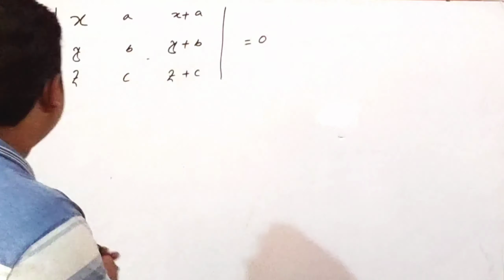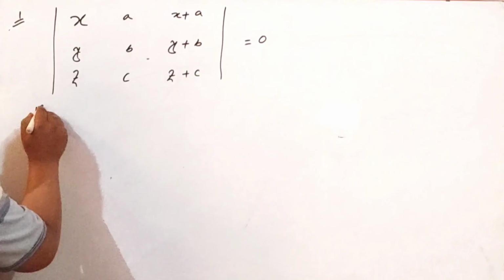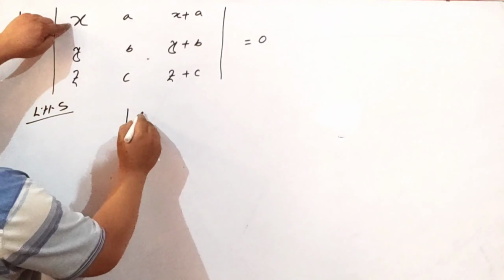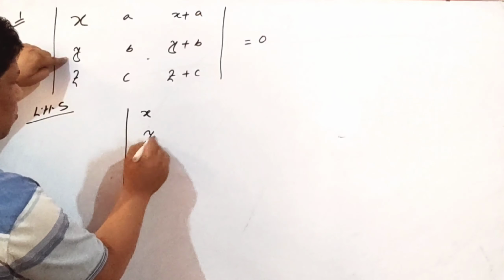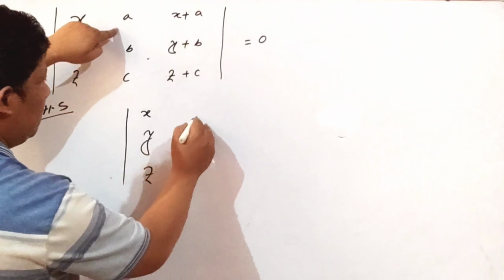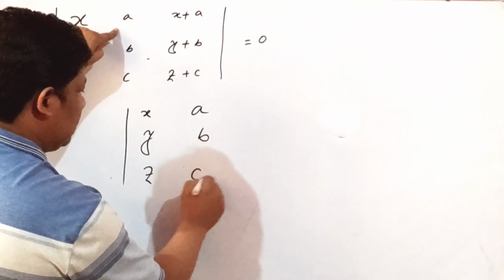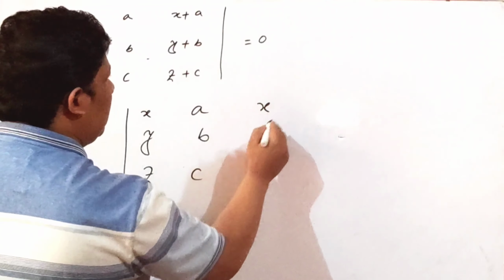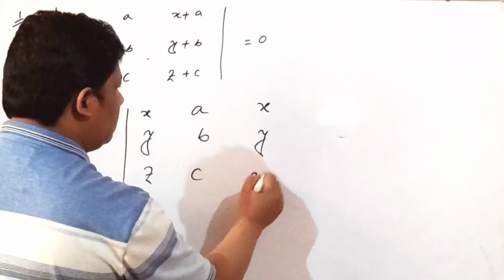That is why, look here, the left hand side can be written as the first determinant with rows x, y, z; a, b, c; and the first elements, x, y, z.